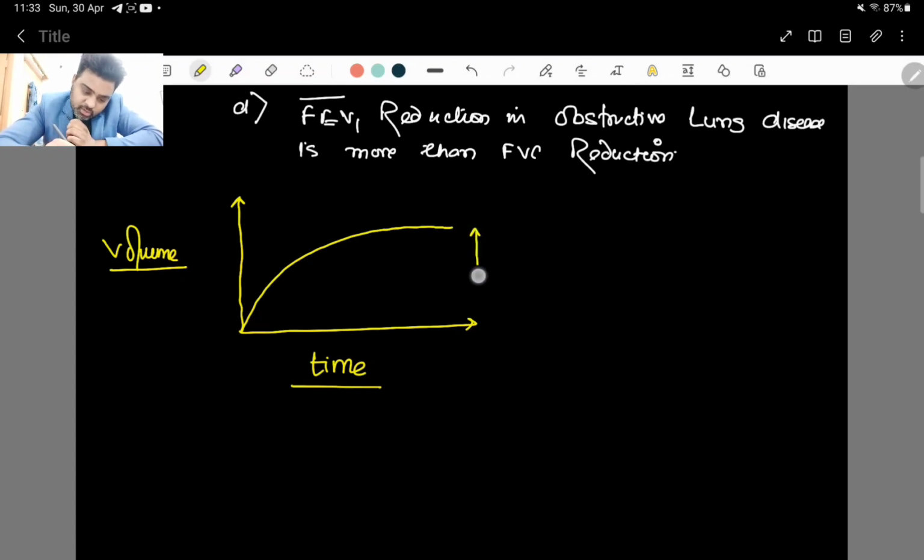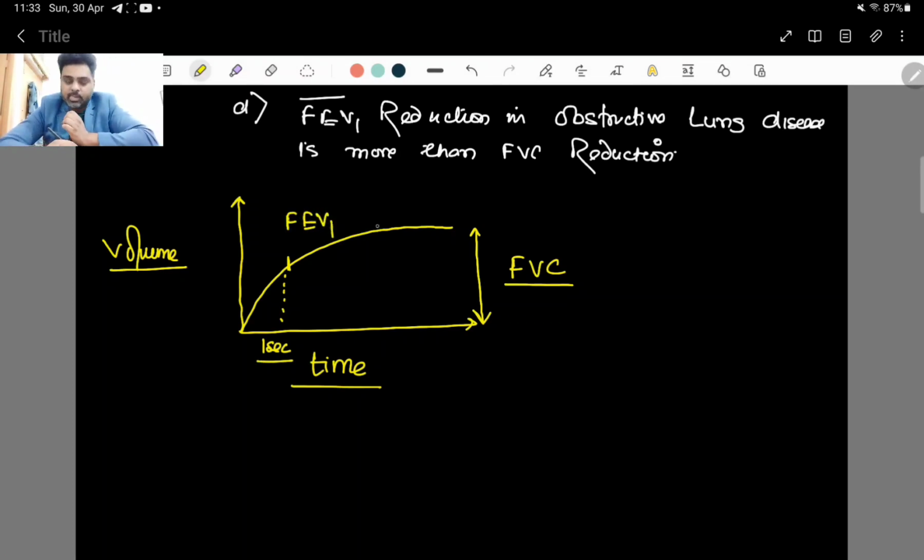The total volume that is expired, generally in a healthy individual, takes 6 seconds. This is known as FVC, that is forced vital capacity. And the volume which is expired in the first second is known as FEV1. And this phase after which the slope becomes zero is known as the plateau phase.